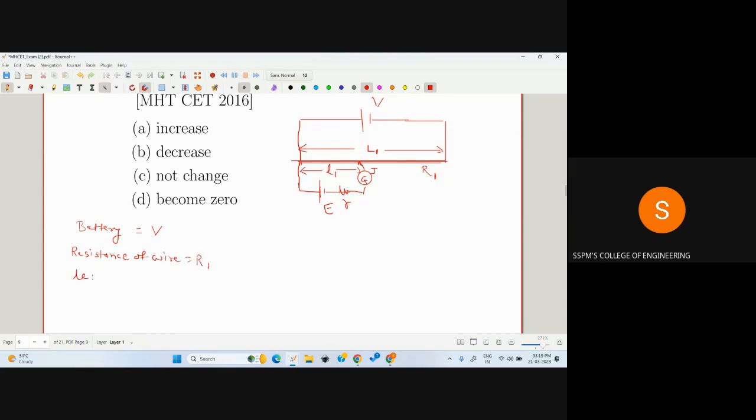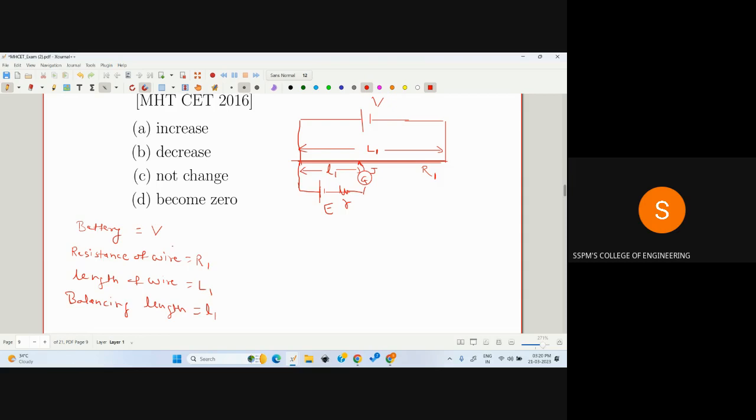The length of wire is L1. And balancing length म्हणजे null point location जो आहे तो small l1. The balancing length is small l1. That is the first condition.